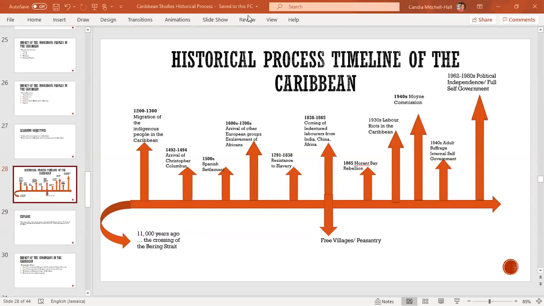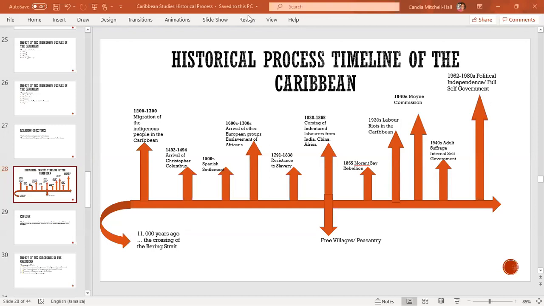And so I think we would have looked at one of the first places that the British settled, which was St. Kitts, in 1623. And then Barbados was settled by the British. That was the second territory settled by the British, around 1627 or somewhere along that line.